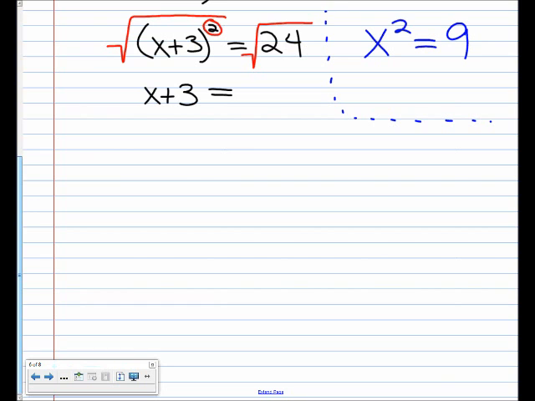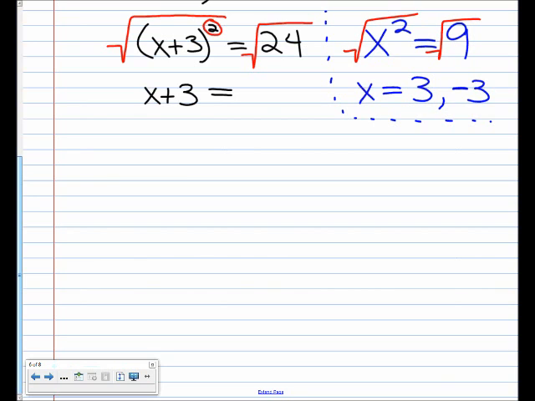So if you were to think, what numbers, when I square them, make 9, most students tell me, okay, yeah, 3 works, but there is another one that when you square it makes 9. It is negative 3. So if I am going to take the square root of both sides, just like I did on that other problem, the answer is not just 3, it's a positive 3 and a negative 3.